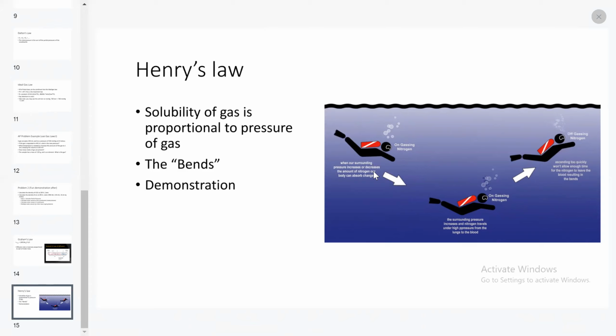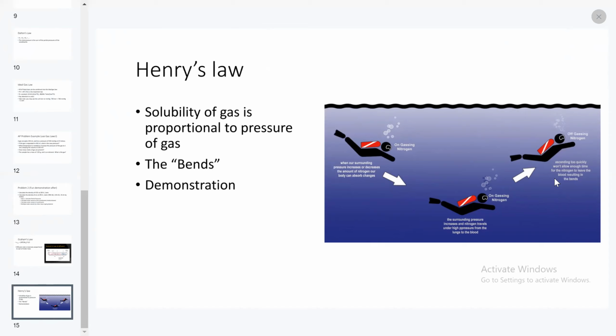So you're deep underwater and your blood is filled with nitrogen. What happens when you rise to the surface very quickly? Now, all of this nitrogen suddenly doesn't want to be in the bloodstream. So now your blood is filled with nitrogen gas bubbles, and this can be lethal, actually.